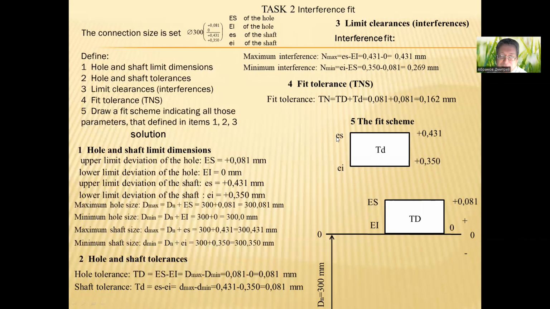Upper limit deviation small es of the shaft is equal to plus 0.431 and plus 0.350 is its lower limit deviation of the shaft.